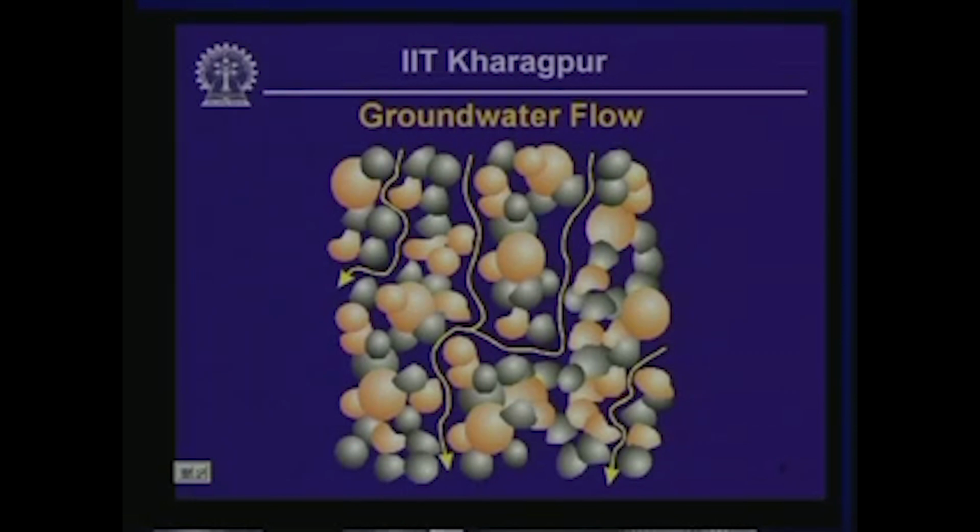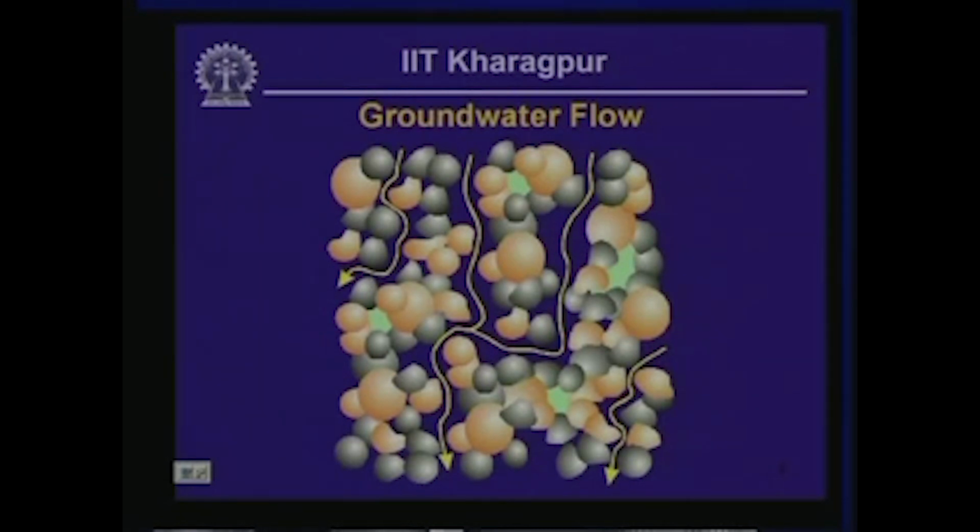indicated by the yellow arrows there, and then there are some pore spaces which are isolated and not interconnected. So, these pore spaces, although if they are saturated, will not conduct groundwater. They will not participate in groundwater flow.